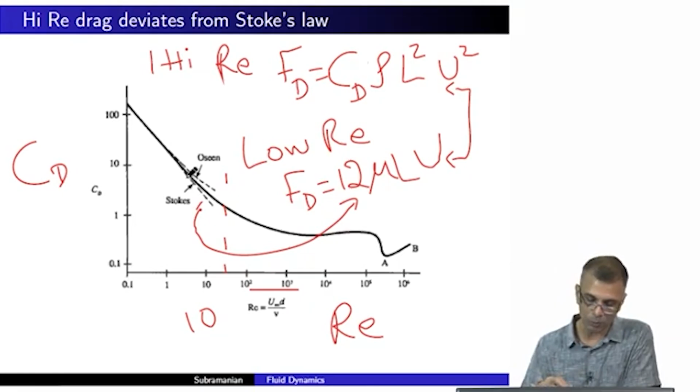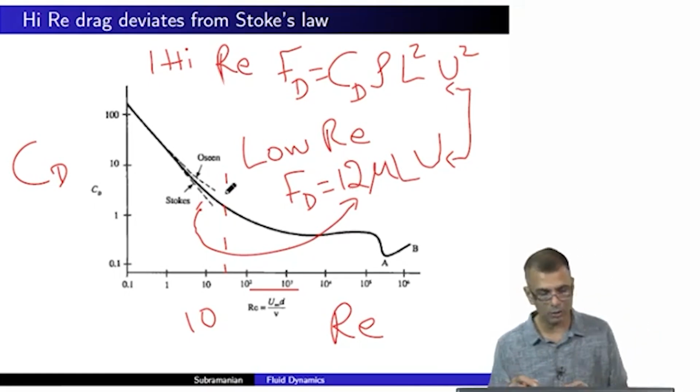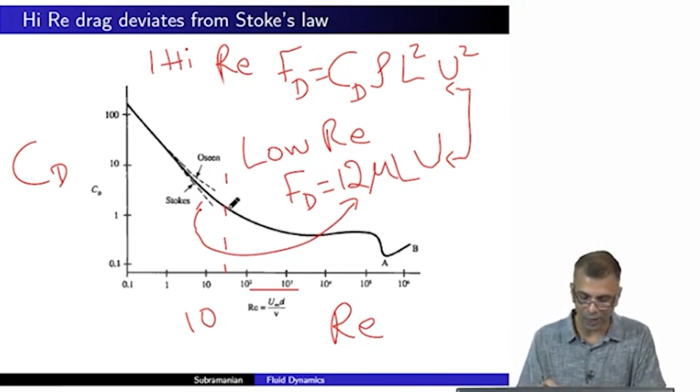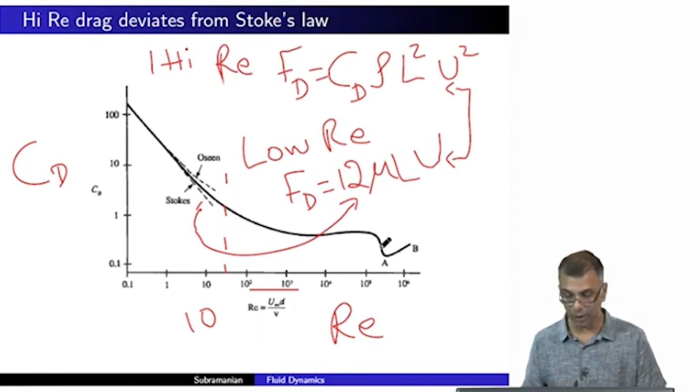And this is the experimentally observed curve, and clearly it deviates significantly from Stokes law, the low Reynolds number law, beyond Reynolds numbers of about 20 or so. As you can see, the drag flattens out, and at very high Reynolds number there's a certain plummeting of the drag, which we will talk about in a minute. Let's go ahead.